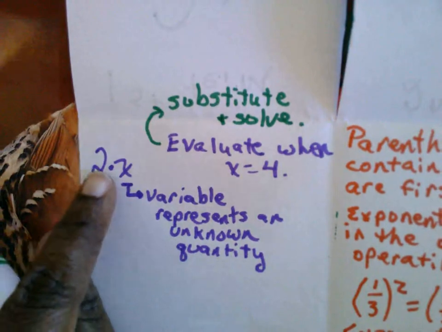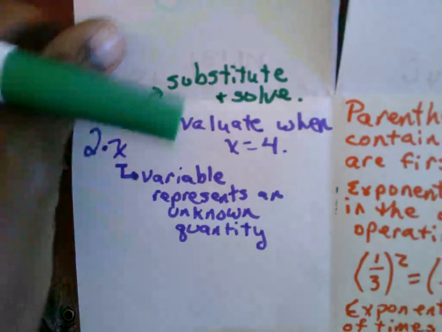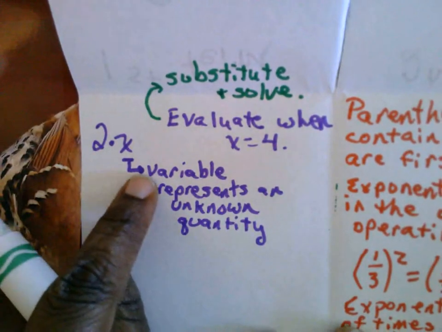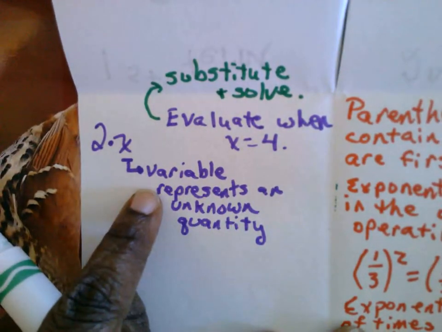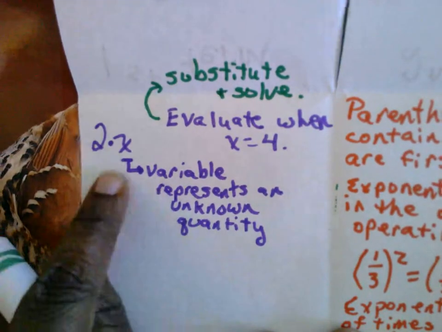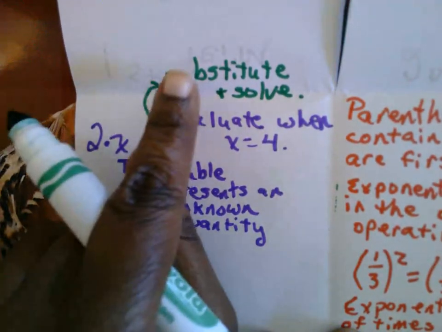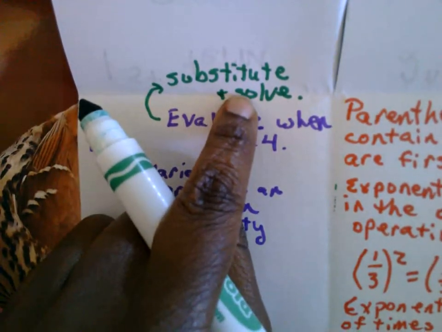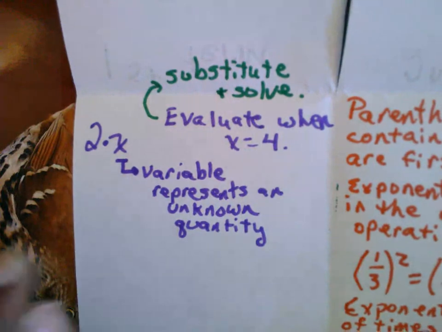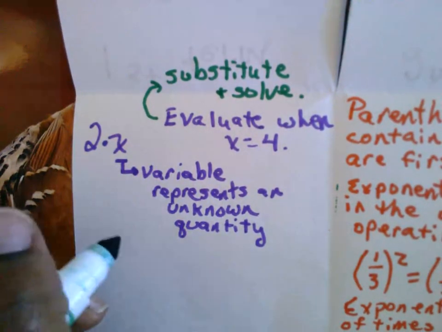So we have 2x for the first term. x is a variable. Correct. The x is 4. So we're going to substitute and solve.